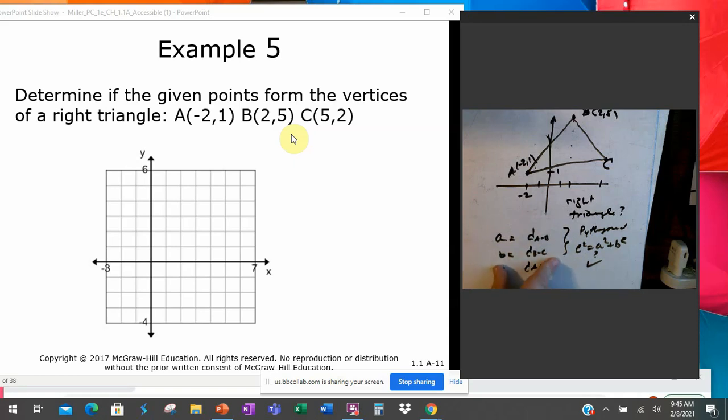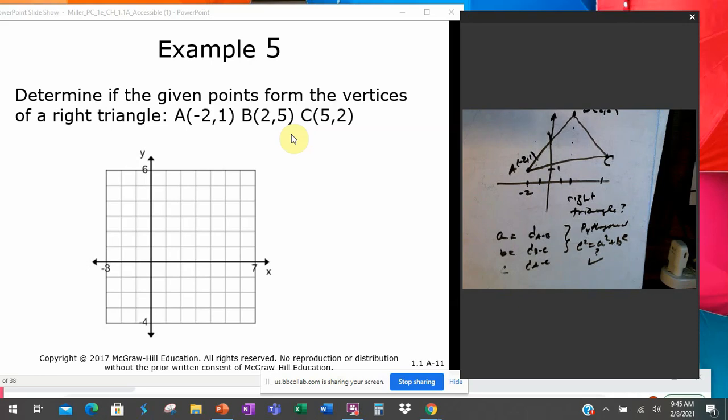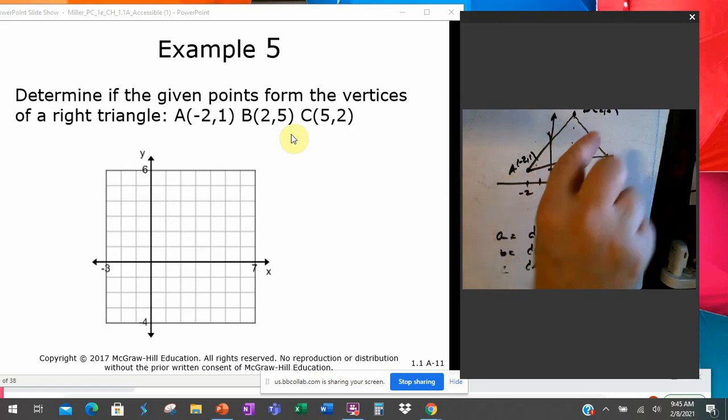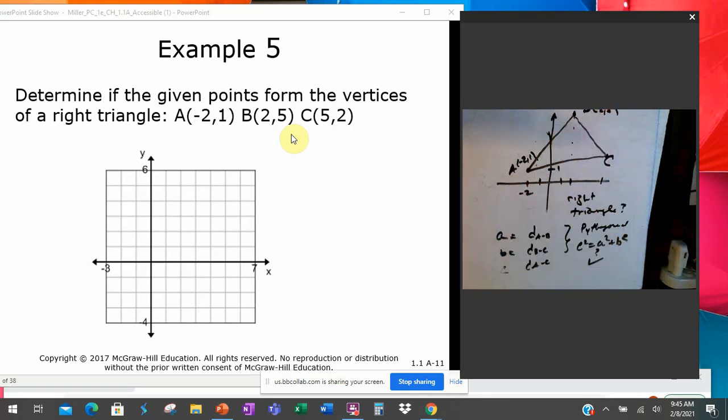The hypotenuse is always the longest side, longer than each of the two legs. That would be a little longer than each one of those. Okay, so that's that piece of it.